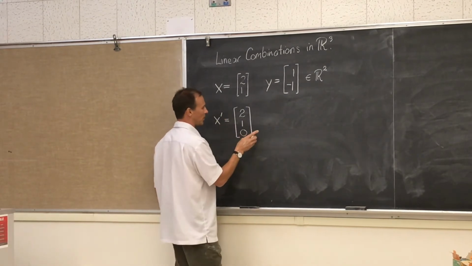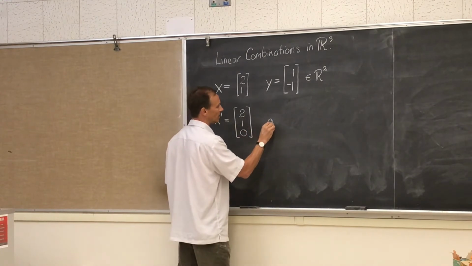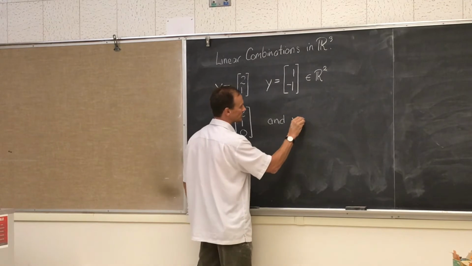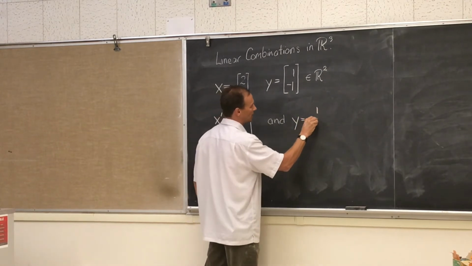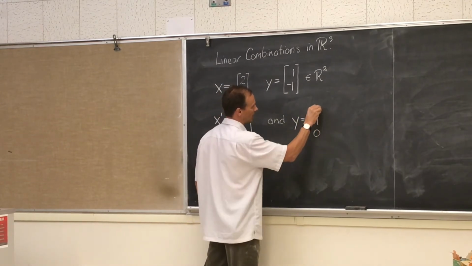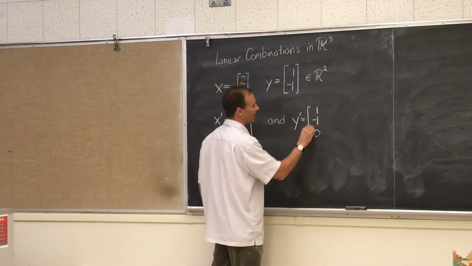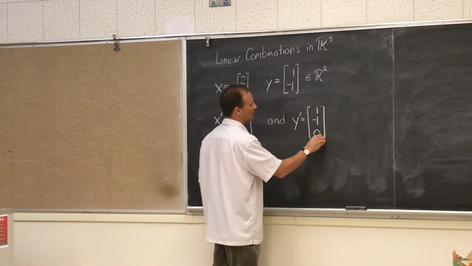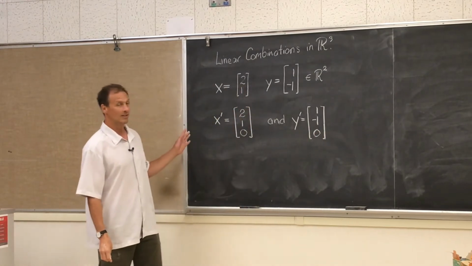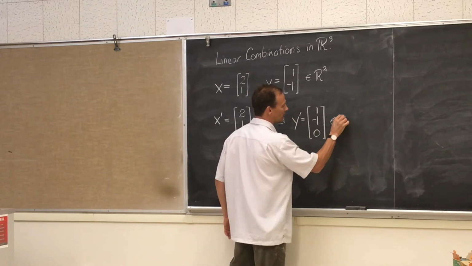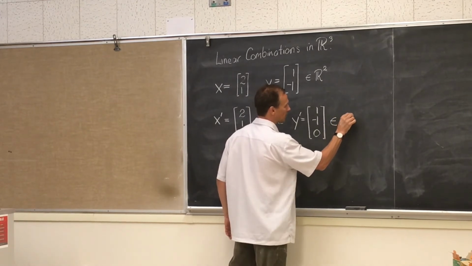So now x prime is 2, 1, 0, and y prime is 1, minus 1, 0. Just to note, it's based on y, but it's a different y. Now we have x prime and y prime, and these are in R3.